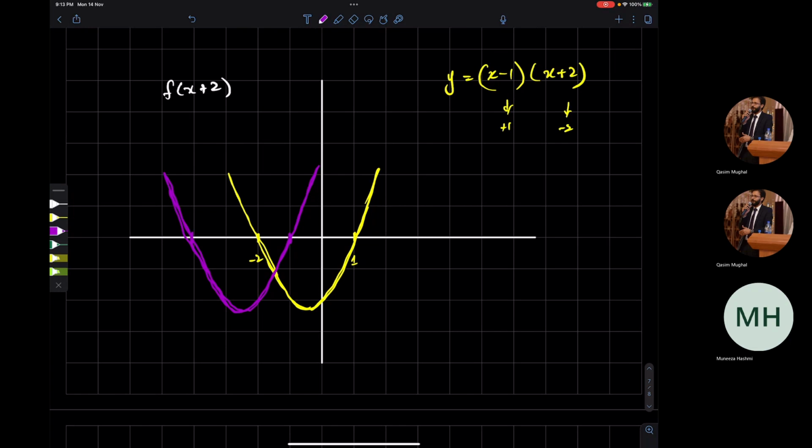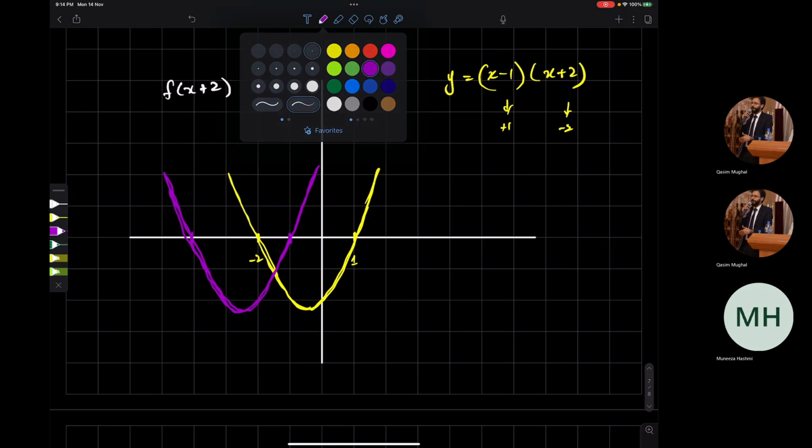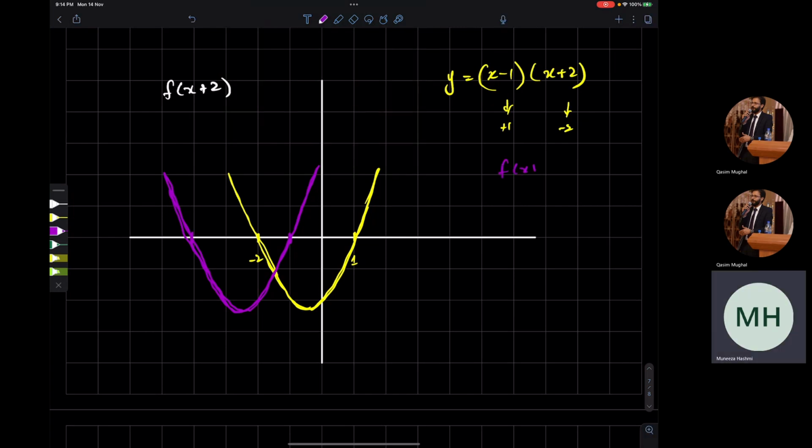Okay? And part 2 says y equals f of x, and then plus 2. The plus 2 is outside the function, means you're adding 2 units in y, so the graph is going to go vertically up. Okay, so the same thing, so every point is going to go 2 units up.